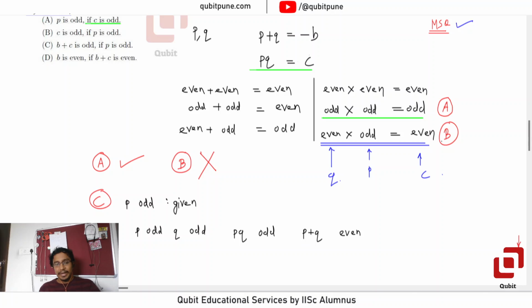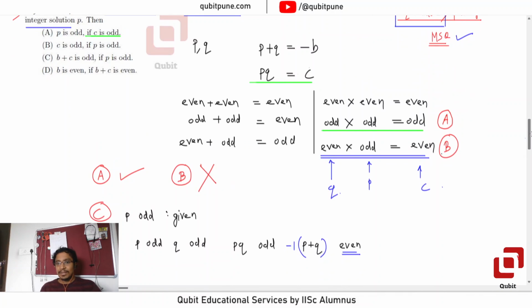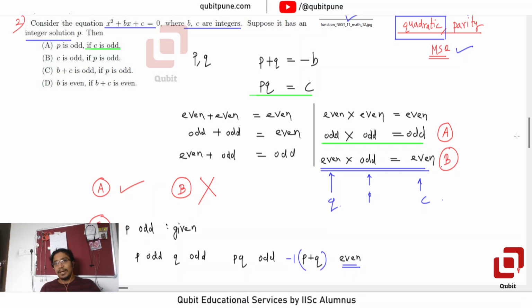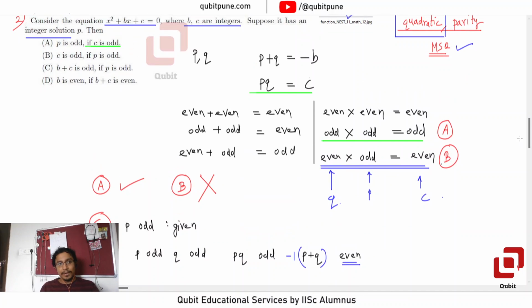Now, it is to be noted here that even if we multiply this thing by -1, that will still be even. Do you agree? By changing the sign of the number, the parity remains unchanged. है ना, 2 को -1 से मल्टीप्लाई किया -2 है, वो भी इवन ही है. ठीक है. So when both are odd, what can we say about B plus C?